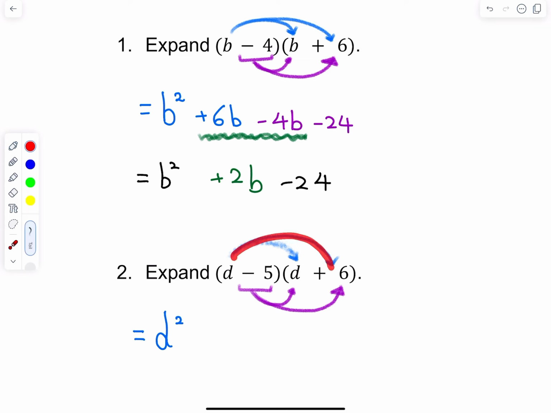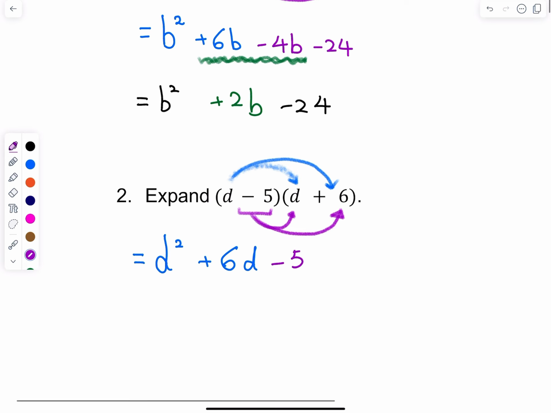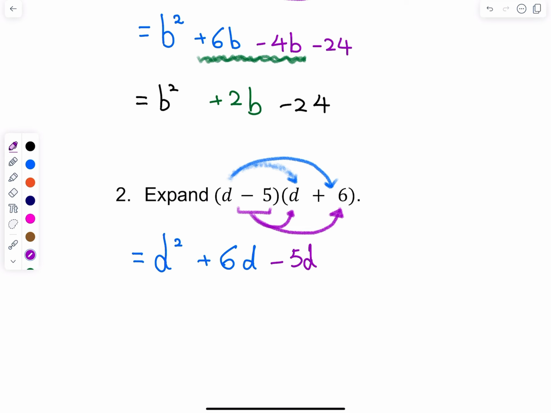And then d times +6, you get +6d. If you're done with the upper parts, now do the bottom parts. -5 times d. -5 times d is -5d. And then numbers, -5 times +6. You can click or you can just calculate in your brain.